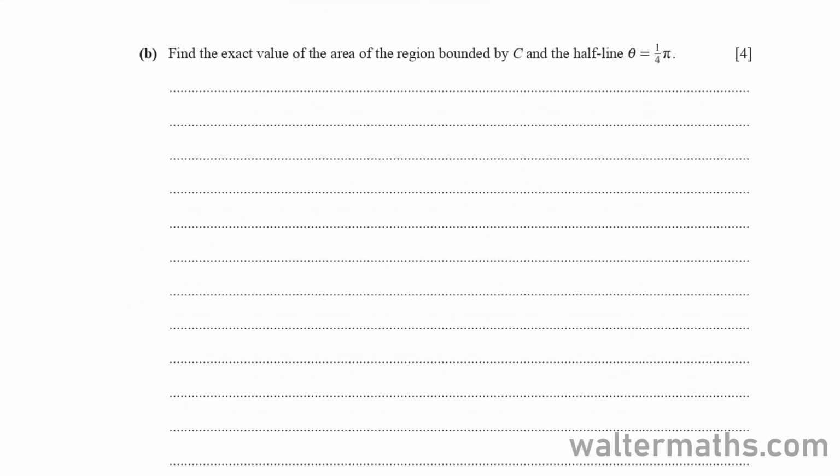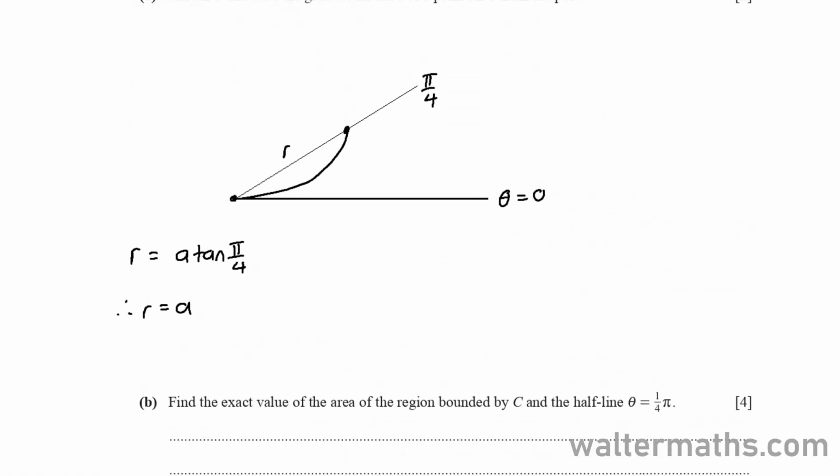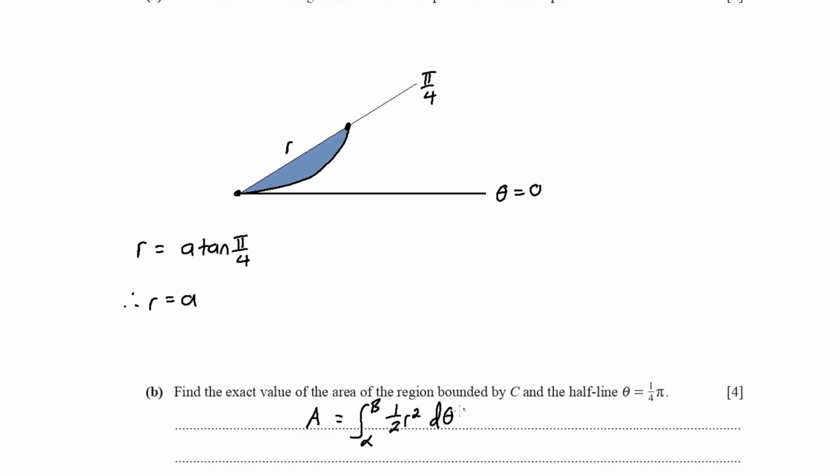On part B, they say, find the exact value of the area of the region bounded by C and the half line theta is equal to 1/4 pi. So here, the area that we are looking for is this area here. Now, to find the area bounded by the graph, we use the formula integral from alpha to beta of half r squared with respect to theta.